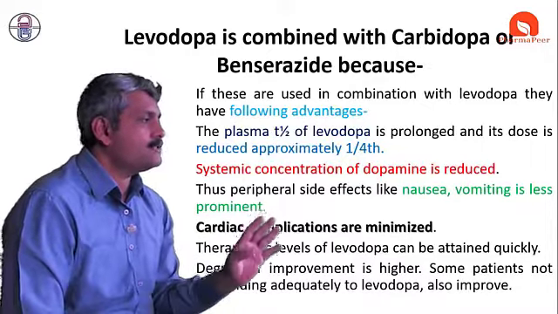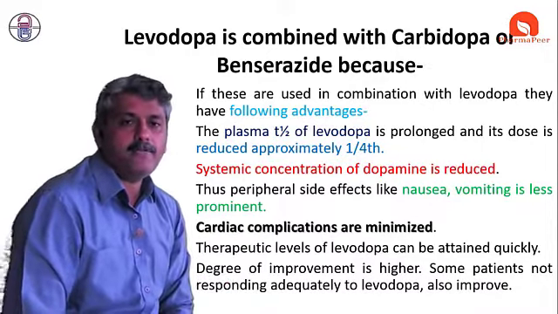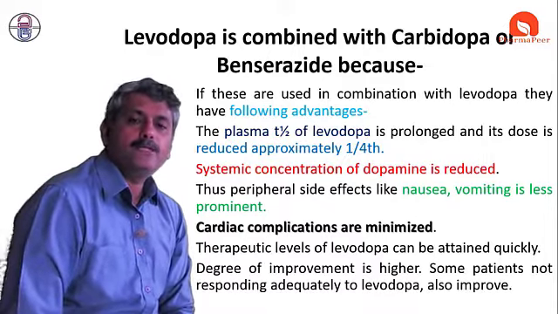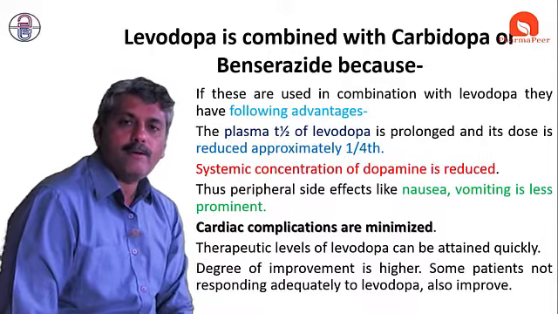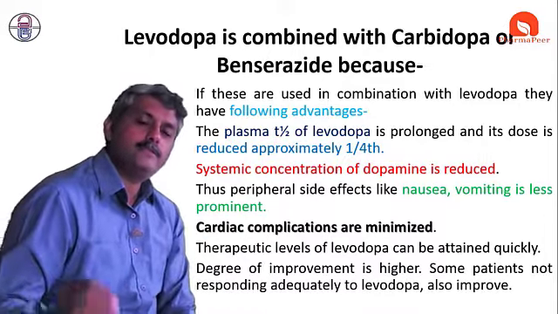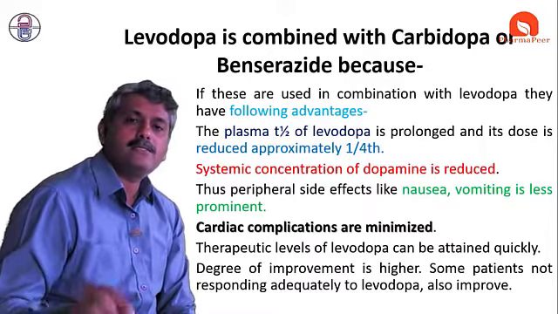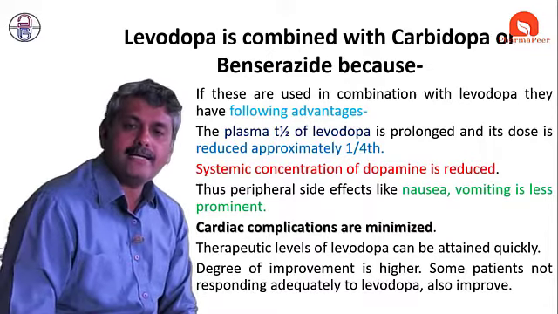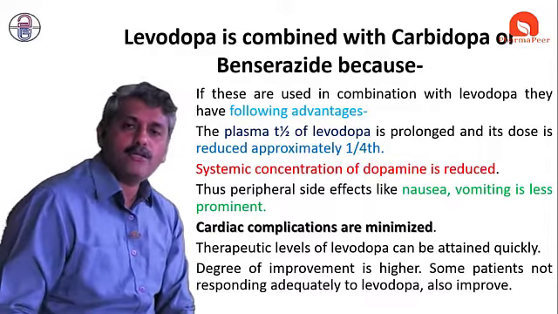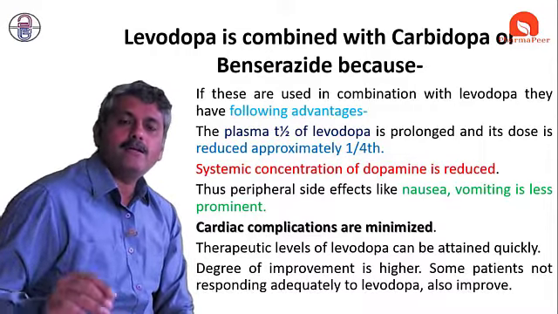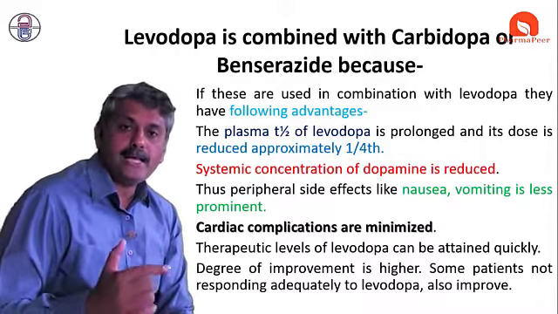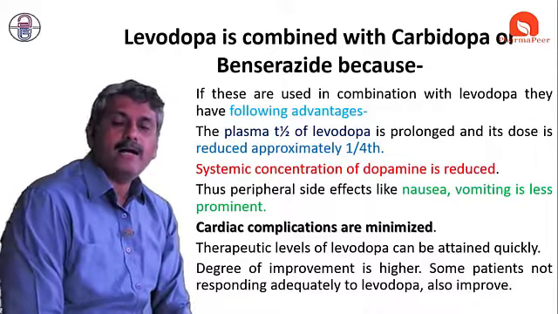And what are the possible adverse effects? Due to the increase in the concentration of dopamine, there might be some cardiovascular effects as well as chemoreceptor trigger zone related activities like nausea and vomiting, with cardiovascular effects like postural hypotension and cardiac arrhythmia.